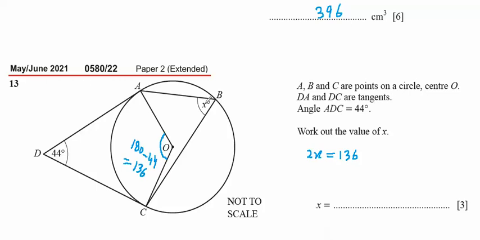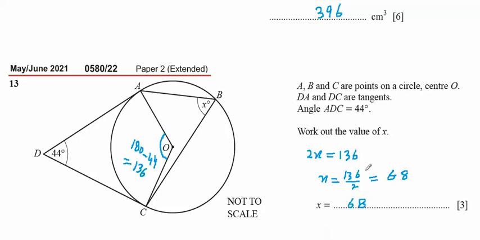Twice the angle on the circumference by an arc is equal to the angle subtended by the same arc at the center, the central angle property. Okay, so now it's easy. x will be equal to 136 over 2, which is 68. It means that the value of x is 68.